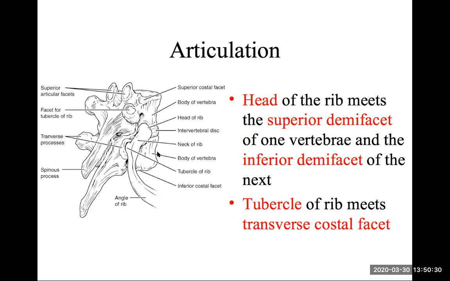So we've got those 2 demicostal facets. Here's one up here, the superior demicostal facet, and then here's one down here that is an inferior demicostal facet. All right, then over here is the 3rd place that the rib can touch. That is the transverse costal facet. By having so many places where the rib touches, it actually means there's very little movement between the rib and the thoracic vertebra.